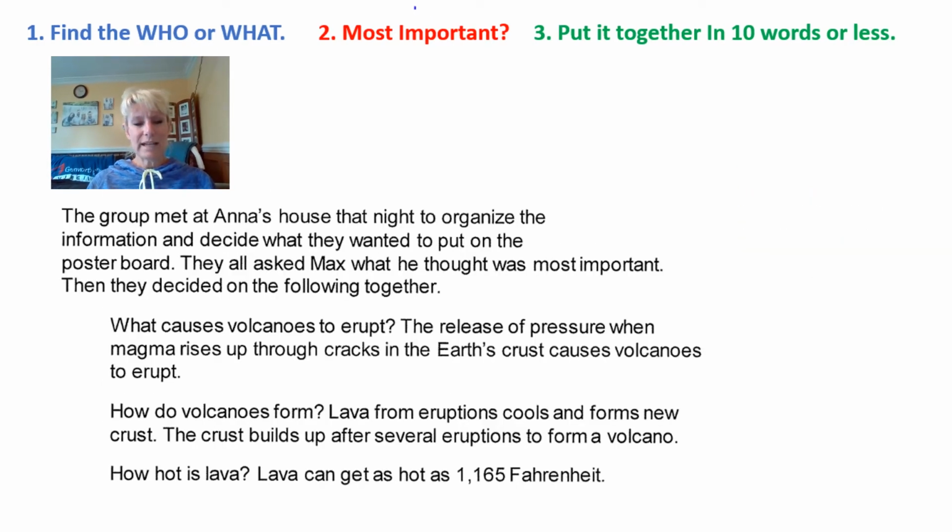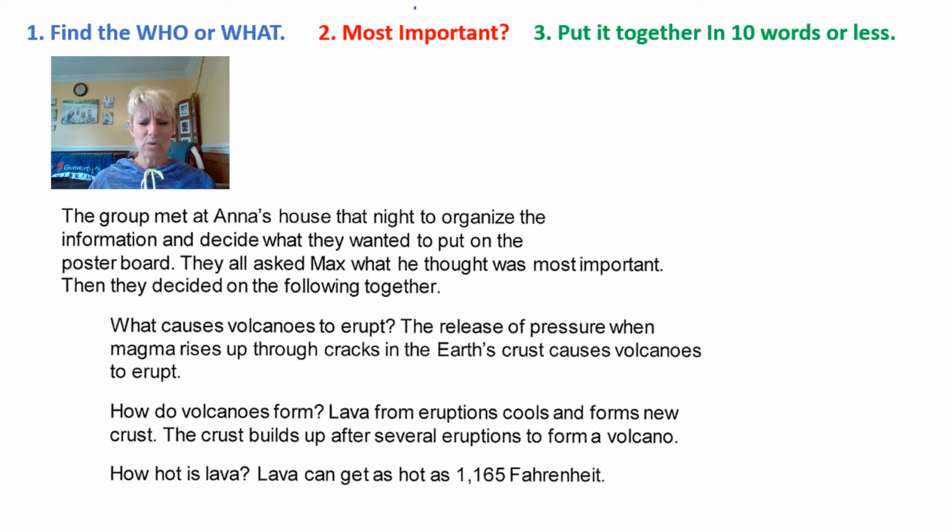The group met at Anna's house that night to organize the information and decide what they wanted to put on the poster board. They all asked Max what he thought was most important. Then they decided on the following together. What causes volcanoes to erupt? The release of pressure when magma rises up through cracks in the Earth's crust causes volcanoes to erupt.